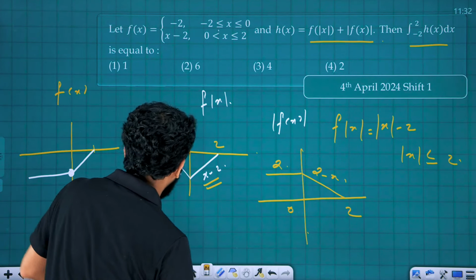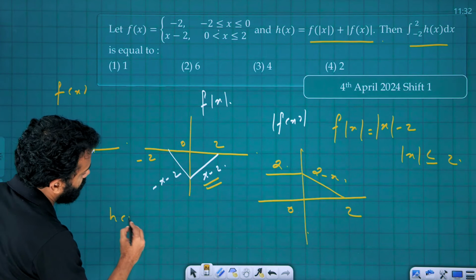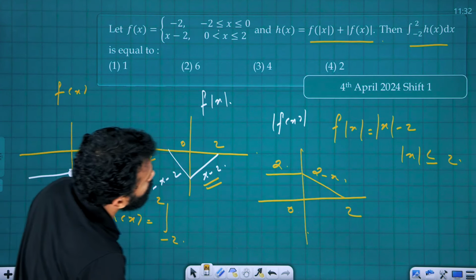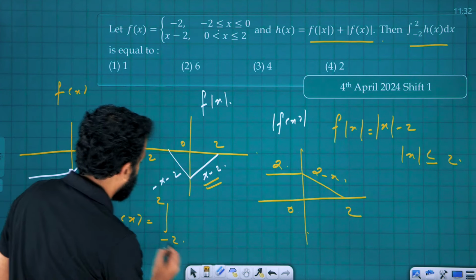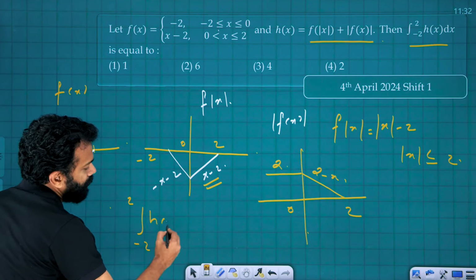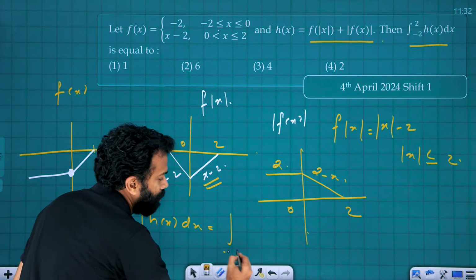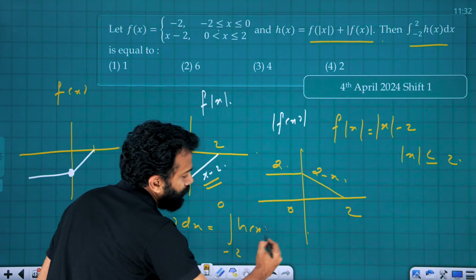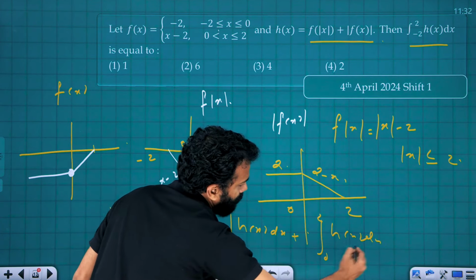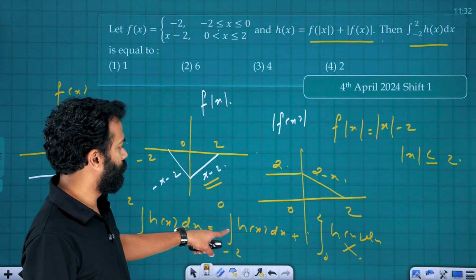So, altogether, if you add these two, you will get h of x, integrated from minus 2 to 2, which is what we need to find. This can be written as the integral from minus 2 to 0 of h of x dx plus the integral from 0 to 2 of h of x dx. This part will get cancelled. We need to formulate minus 2 to 0 of h of x dx.